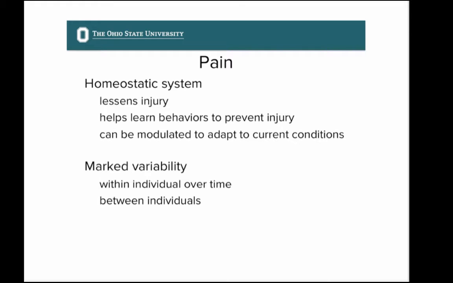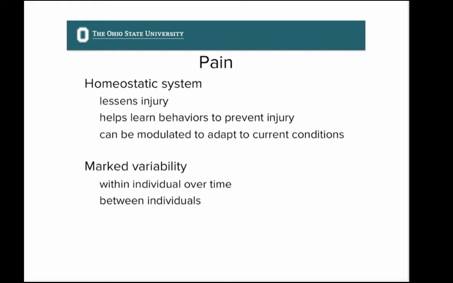Another concept about the homeostatic system of pain is that it does not get maintained within a narrow set of limits all of the time. A good example is somebody in the jungle who is attacked and mauled by a tiger.